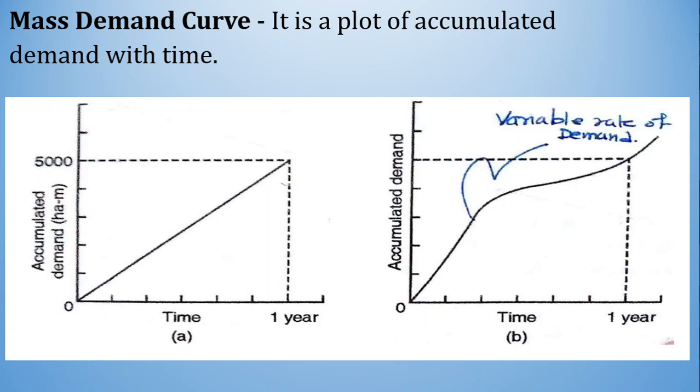If the demand is constant for several years, it will show a straight line in the graph, and if it is varying with respect to time, then it will be a variable demand like this. As you can see, time is taken in years, and this is accumulated demand in hectare meters. If the demand is constant, it will be a straight line mass demand curve. In the other case, it is a variable mass demand curve.